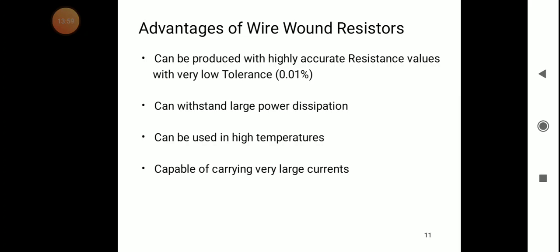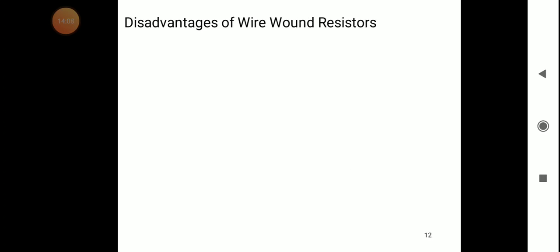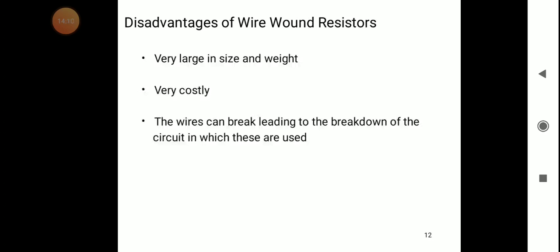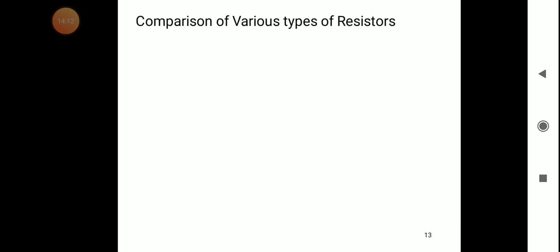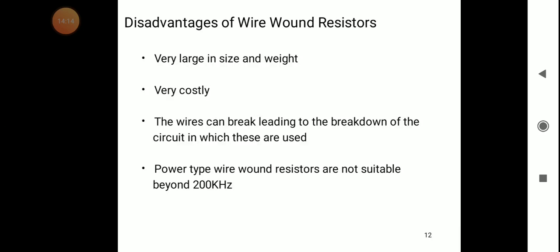That's why wire-wound resistors are more useful in this particular environment, having a very stable resistance value. The main disadvantage is that they are very large in size and weight, because of the wire form, and they are very costly.